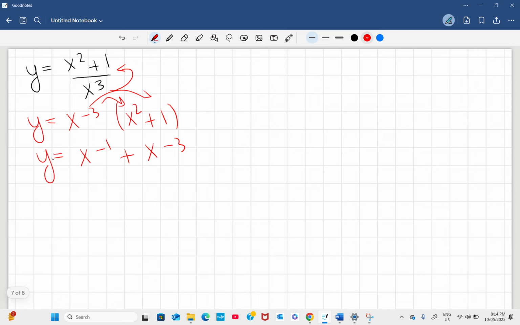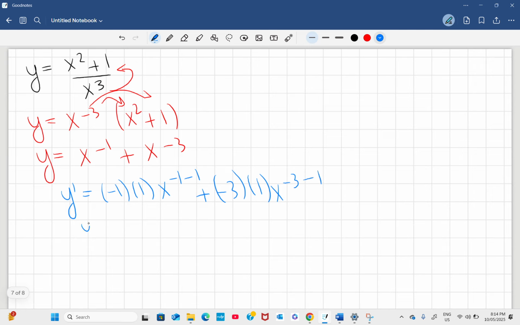Now, I've fixed my equation. Now I will find the derivative. So I was not finding the derivative before, and now I'm going to find it. So y prime, I'm going to solve the normal derivative, power times coefficient, x to the power of power minus 1, plus negative 3, which is power times coefficient, x to the power of negative 3 minus 1.